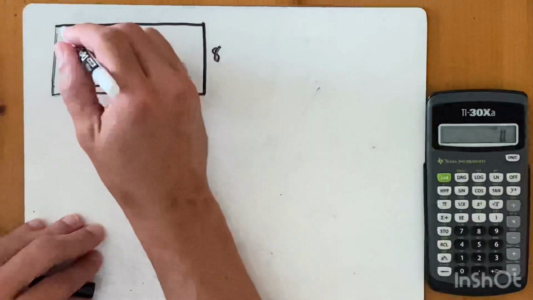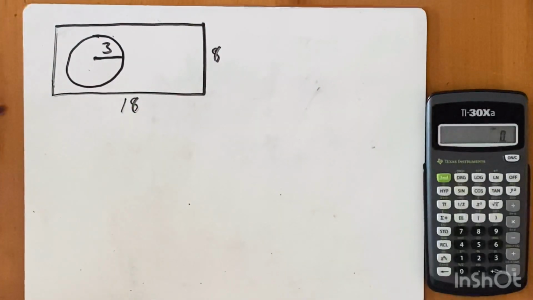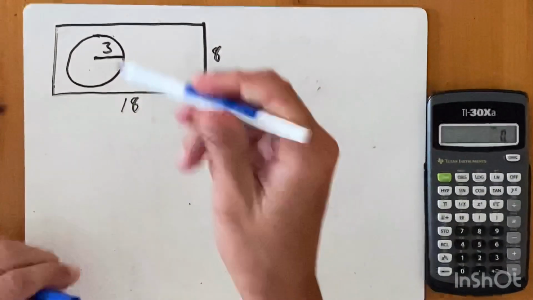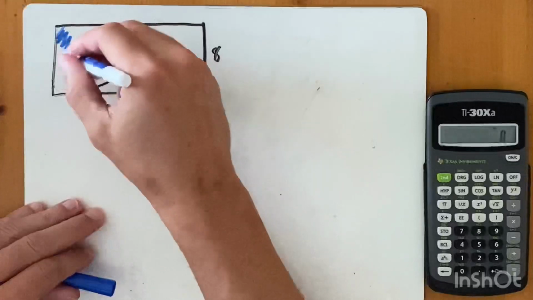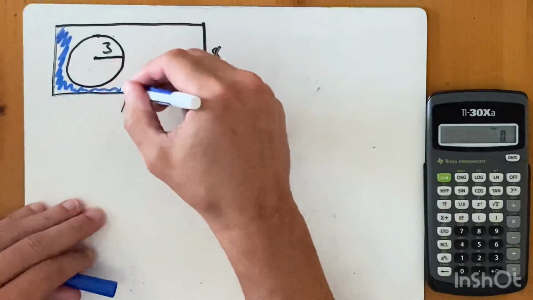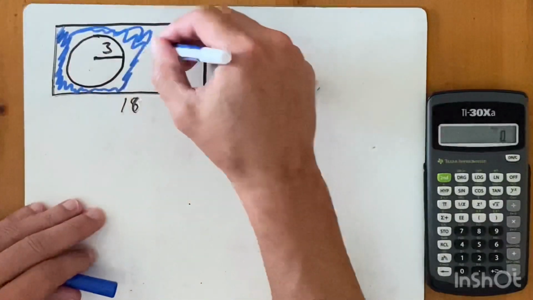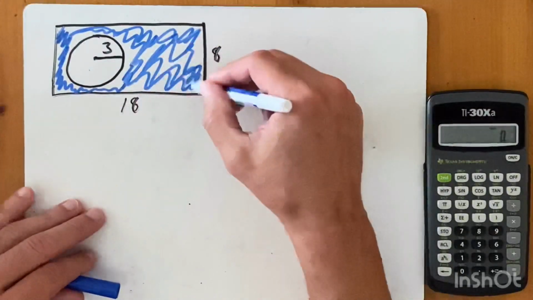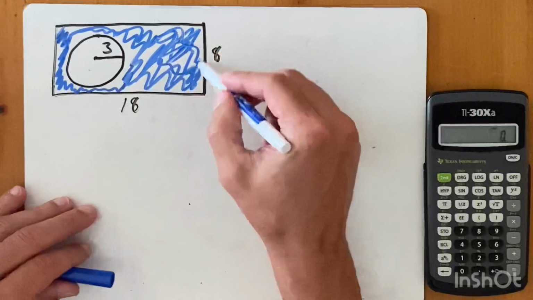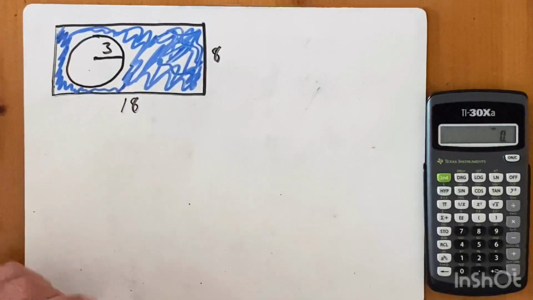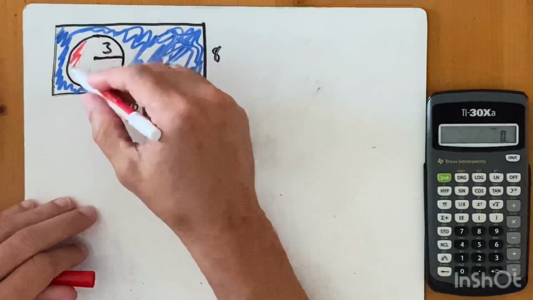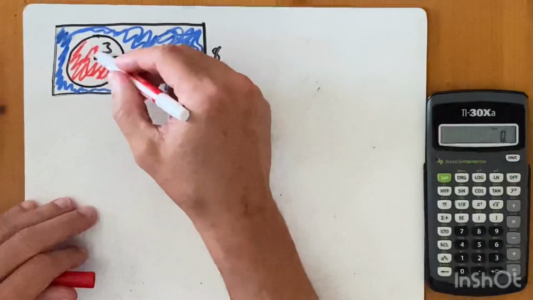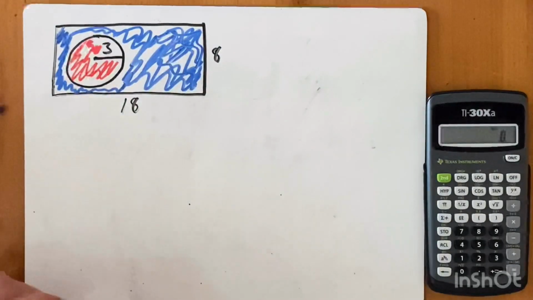The area that they want, we'll do in blue. This is the area that they want to find, and they want to not include the circular area, which we'll do in red. So only the area of the blue is what we want to find here.